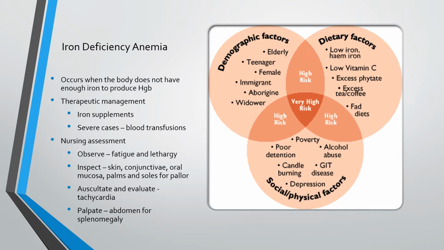If we see any spooning of the nails, that concave shape of the nails, that can occur with iron deficiency anemia because of the increased hypoxia that these patients experience. We know that tachycardia is a sign of prolonged anemia, as well as splenomegaly. So as we're auscultating and palpating, we want to make sure we're looking for those symptoms.